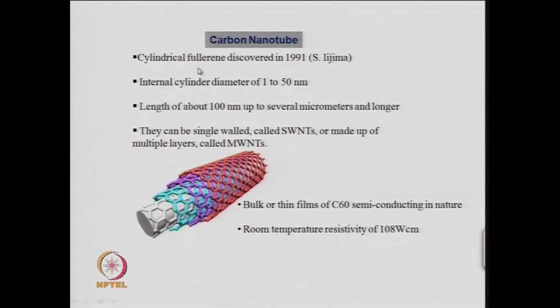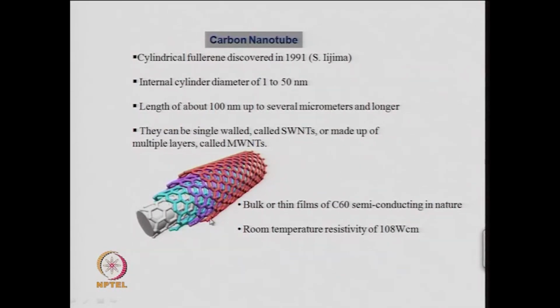A cylindrical fullerene was discovered, or was exactly understood, in 1991 by Ijima in electron microscopic studies, and this nanostructure has a diameter in the nanometer range, like 1 nanometer or so, but the lengths can be very large.